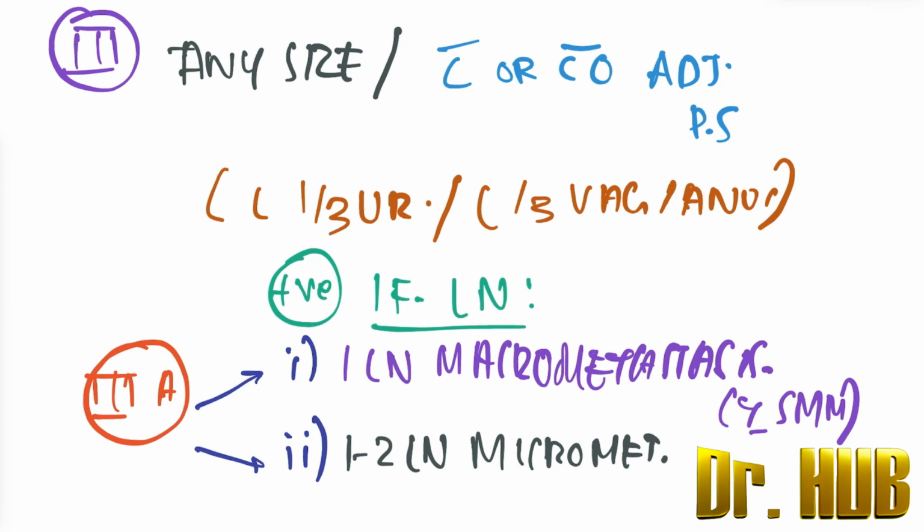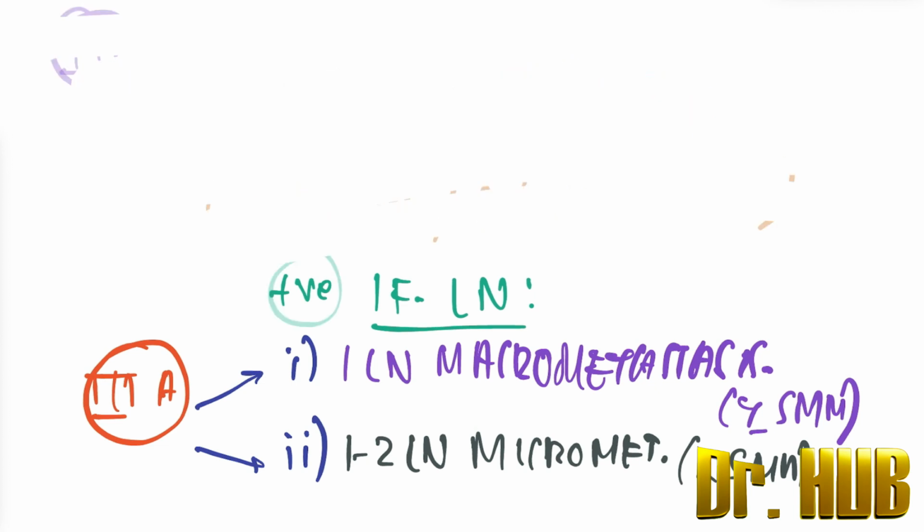Micrometastasis is less than 5 mm. So as the number of lymph nodes increases, the size decreases. In 3A2 there are more lymph nodes, 1 or 2, but the size is smaller.